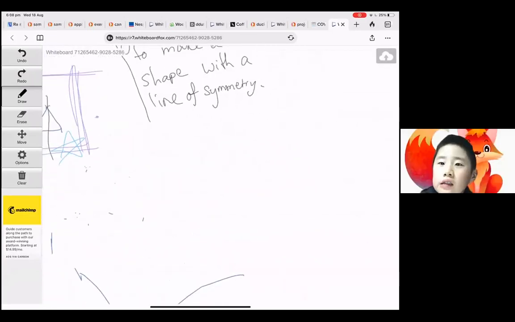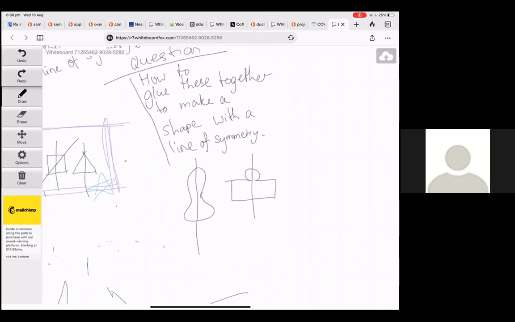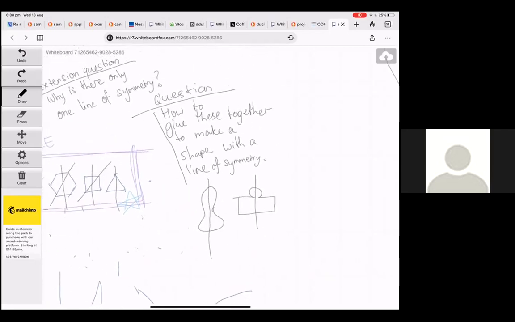So if I draw this shape, it has a line of symmetry here, right? Just look at Zoom.